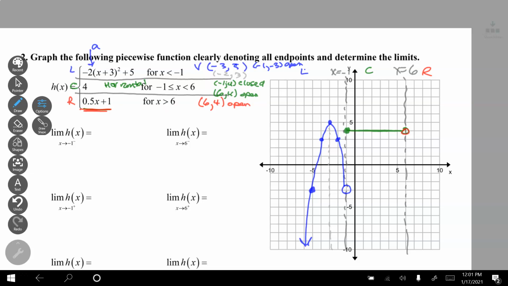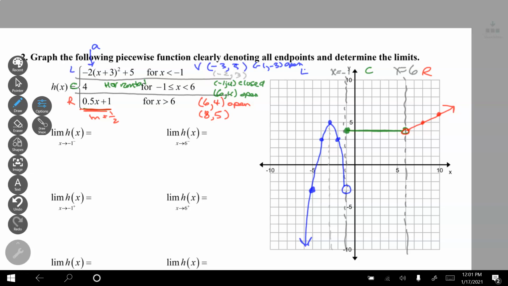And then I could pick any value bigger than 6, or I could just do a slope equal to a half. So I could go up 1 over 2 and put some solid dots, or I could pick a number like 8, plug that in here and get 5. And now I have my right piece.